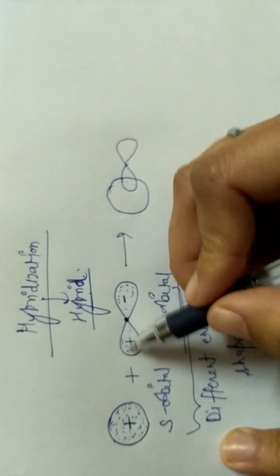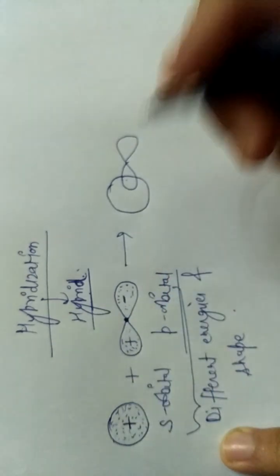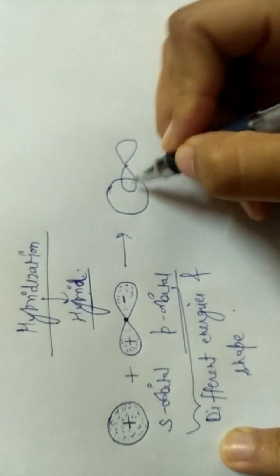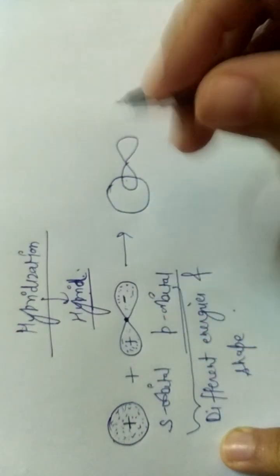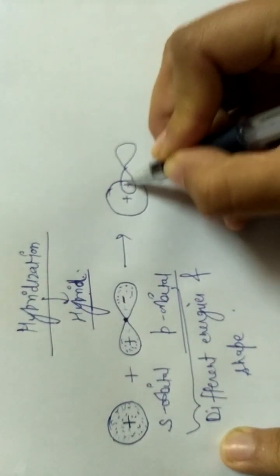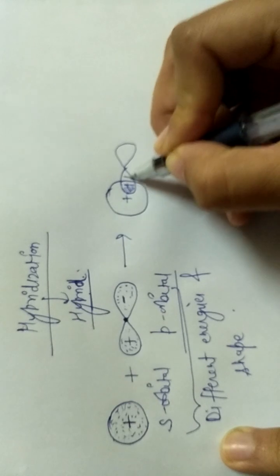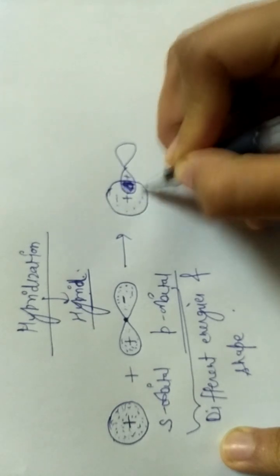To overlap these orbitals, they undergo overlapping from the same side, a similar side, that is from the plus side or from the minus side. So this is our plus sign here, it undergoes overlapping like this.